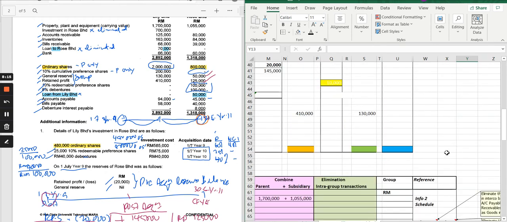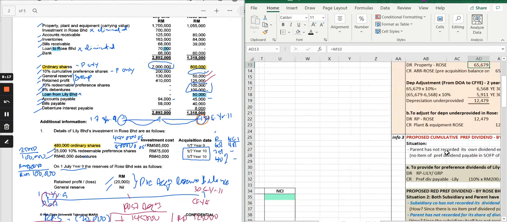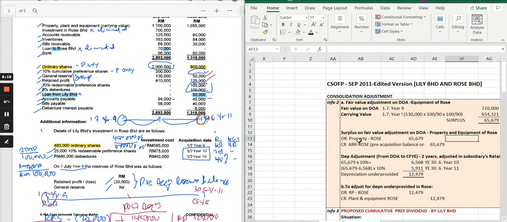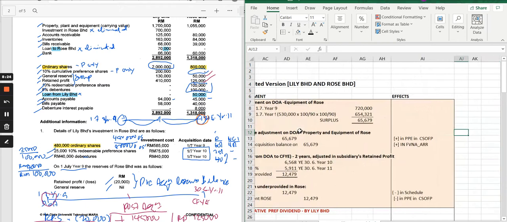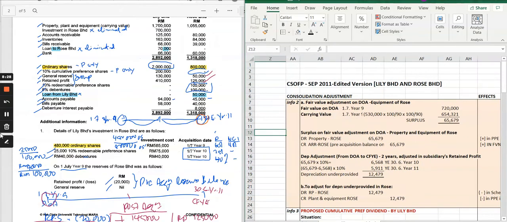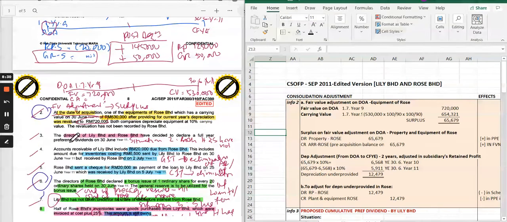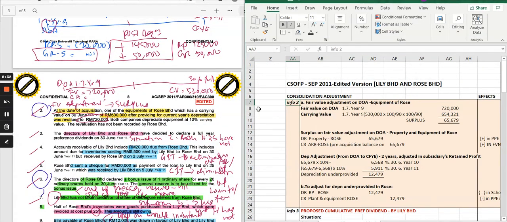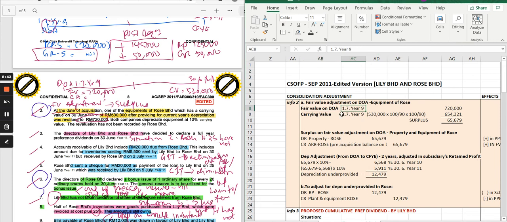I've done that here for your easy reference. This is number 1, which relates to the fair value adjustment information 1. This is information 2. Take note, I've already drawn the timeline diagram earlier. So put the fair value on the date of acquisition, 720,000.